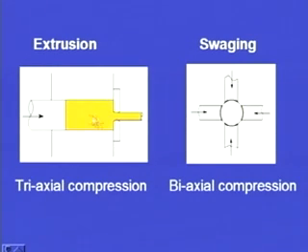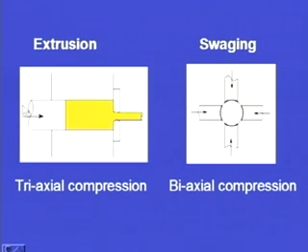This extrusion process can be of 2 types: either forward extrusion or backward extrusion. In forward extrusion, we push the metal from this side and the metal comes out from the opposite side, like here. In backward extrusion, there is an opening at this particular section and the opening decides the shape that we want to make.